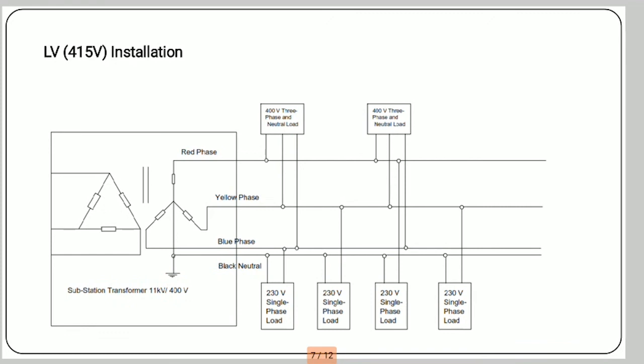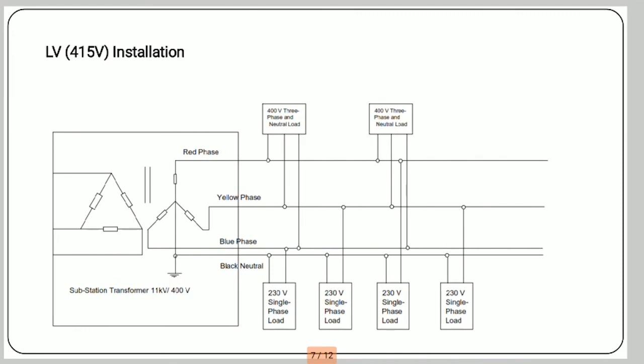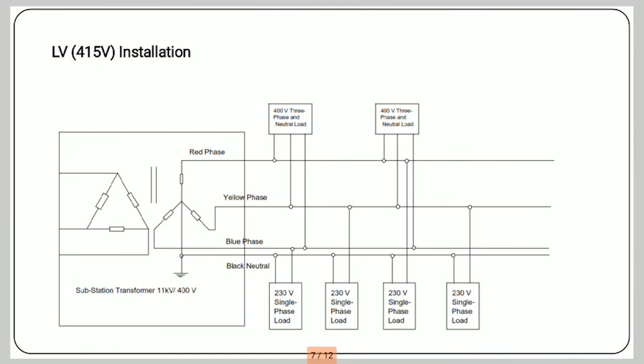Here the brown wire, black wire, red, yellow and blue, and the neutral wire is denoted by black. This diagram is drawn in AutoCAD, then converted into PDF form and put here.